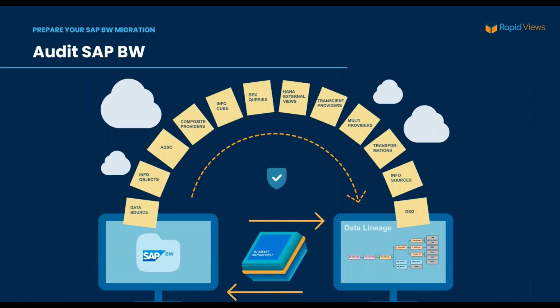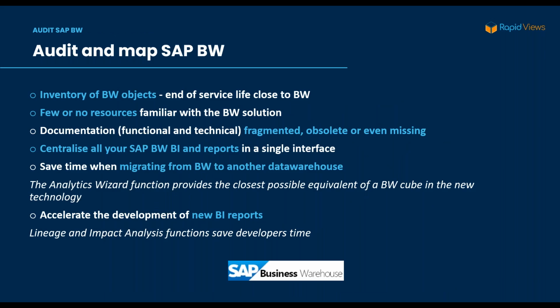What if you could, within this platform, connect your old BW system, bring back all the detail of your data sources, info objects, ADSO, DSO, composite providers, and so on, bring all this detail through this platform to see all the data lineage, and even migrate your old BW system to SAP Datasphere. So it's what we provide.